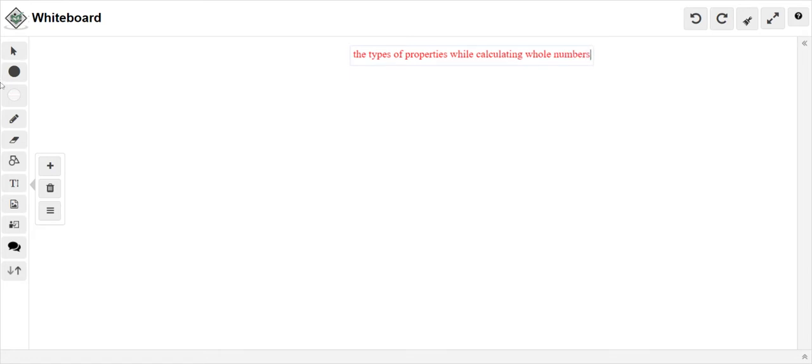So, the first property is the commutative property.